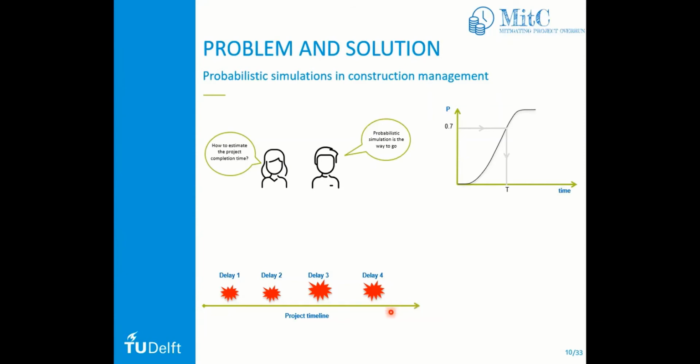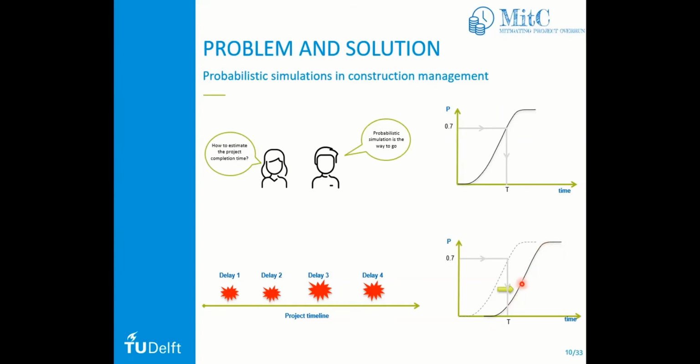But how is this reflected on the S-curve? Usually, when you get a delay, your S-curve is going to move to the right. This is the previous S-curve, but now we have a delay, so it moves to the right, and you have the new S-curve, the delayed project.